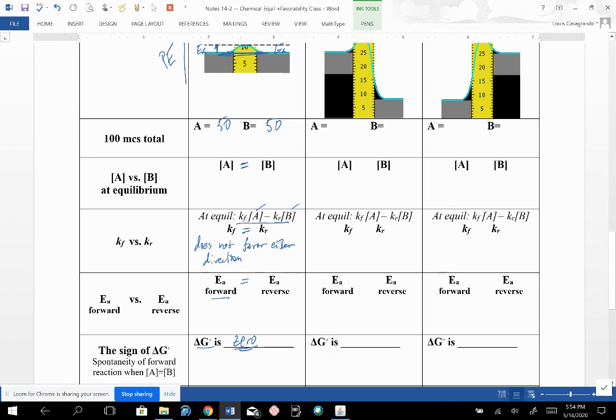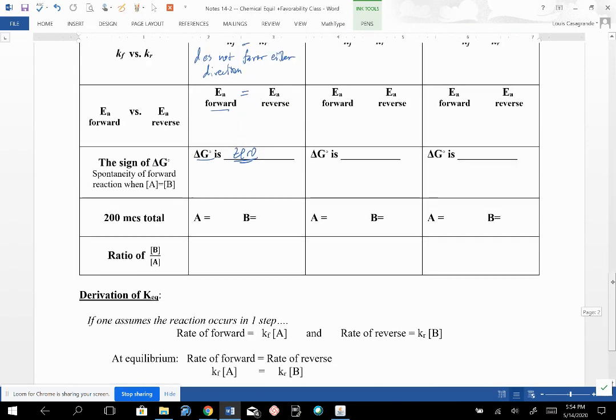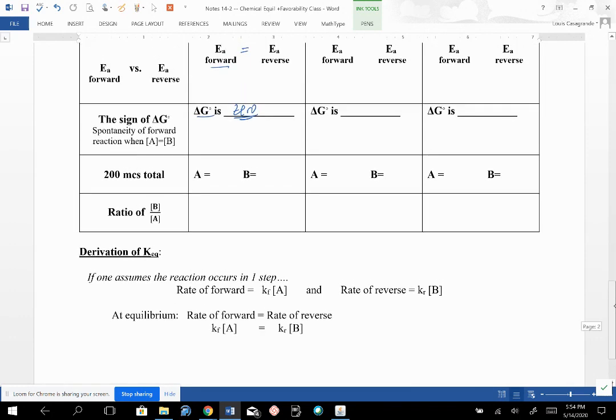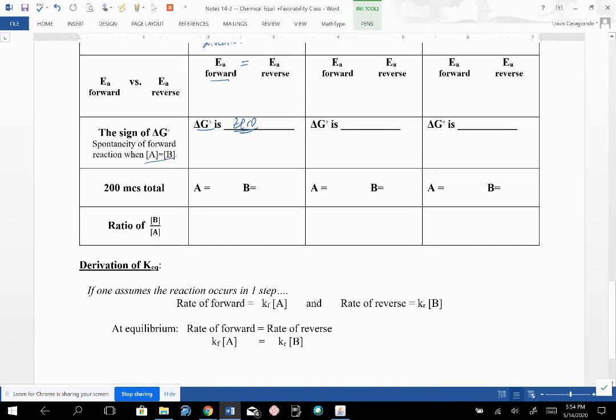This is actually a definition: when we're at equilibrium, the delta G naught is 0 because at equilibrium, the concentration of A is equal to the concentration of B.